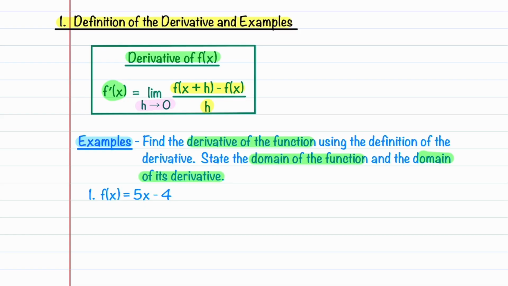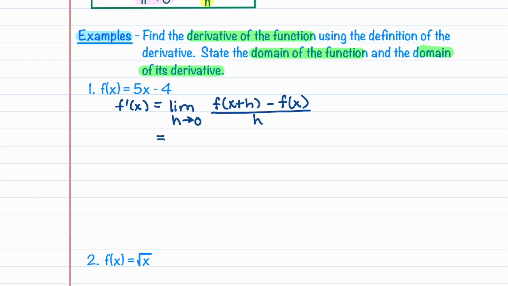I'm going to begin by writing down the formula for the derivative. F prime of x is equal to the limit as h approaches 0 of f of x plus h minus f of x, all divided by h.